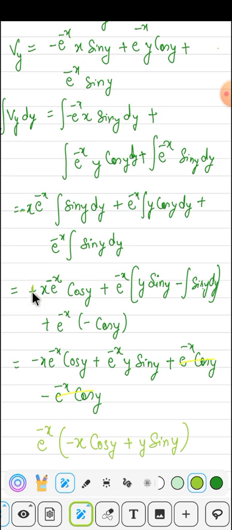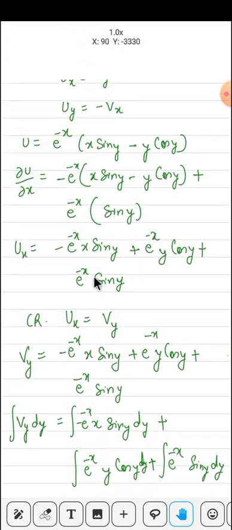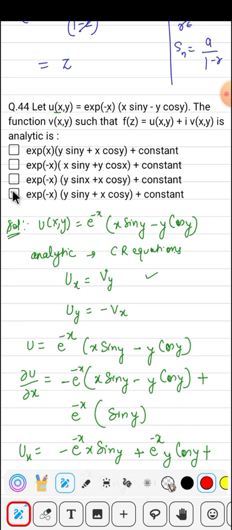This should be plus here. This is plus and this is plus. So our right answer is y sin y plus cos x, and this is our right answer. The last option is our right answer.